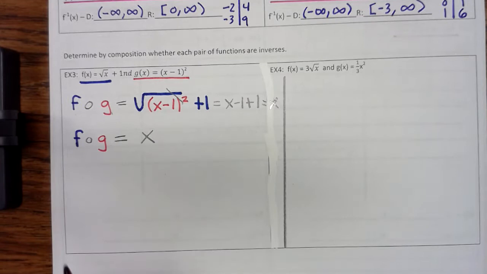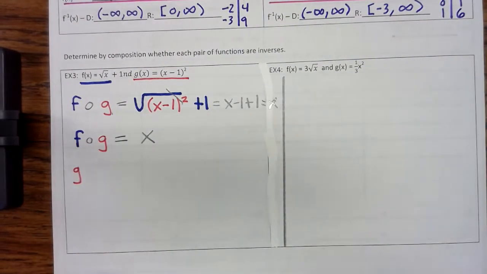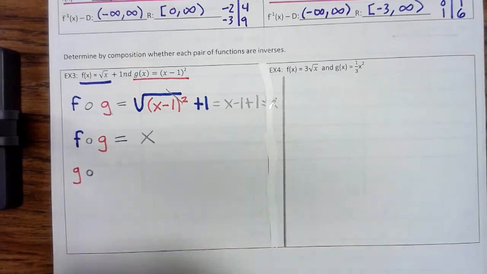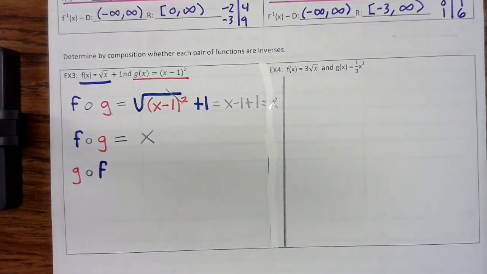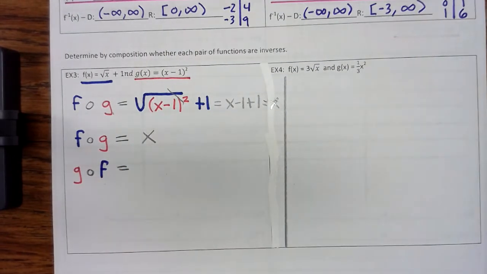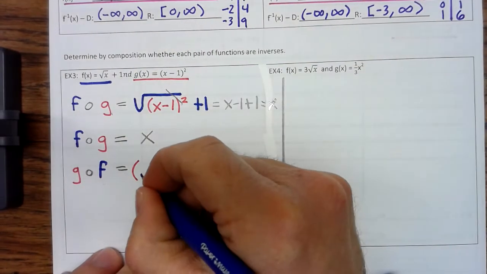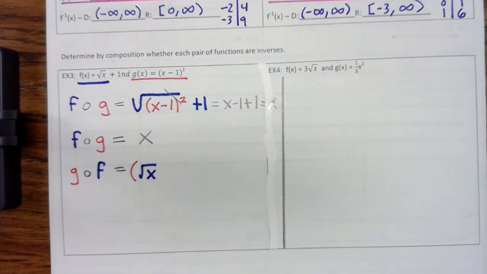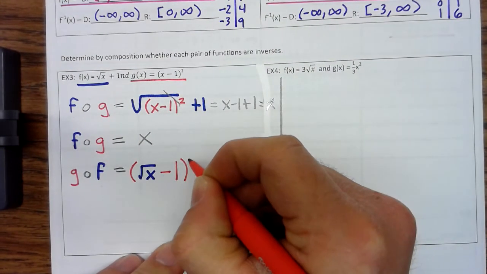Now we need to do g of f. So that is when we put f of x into the g of x function. So that is square root of x minus 1 squared.